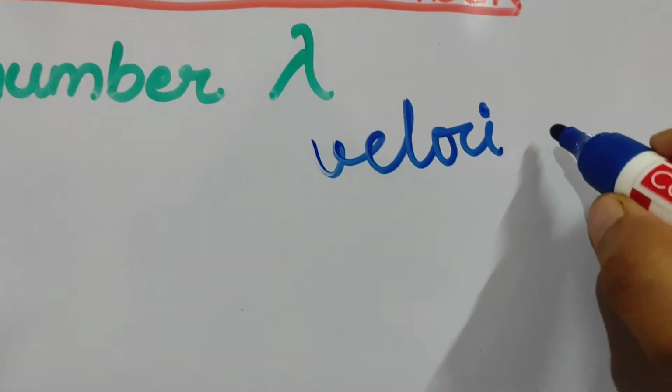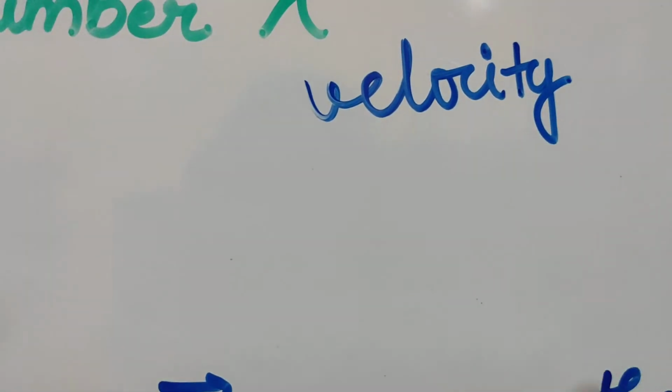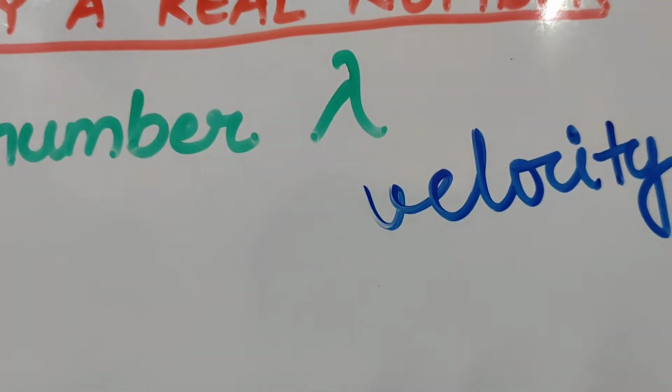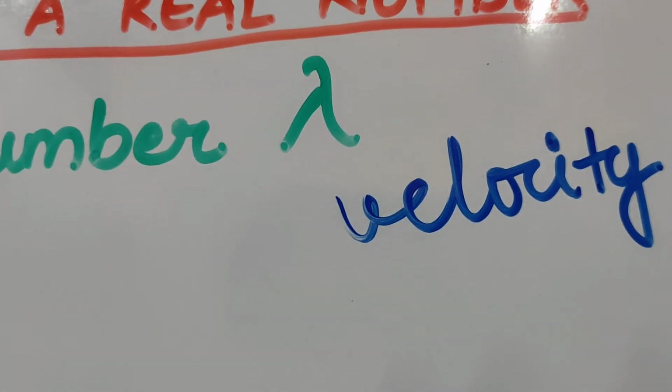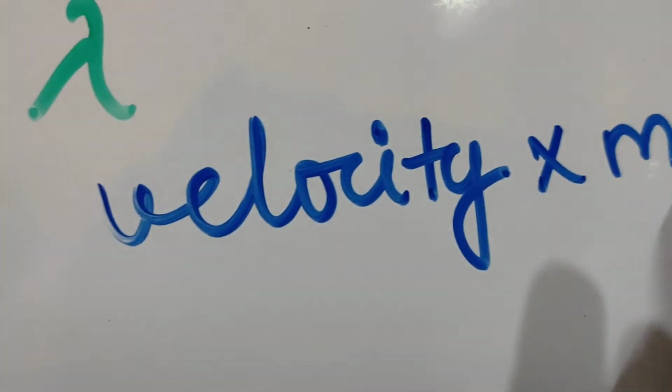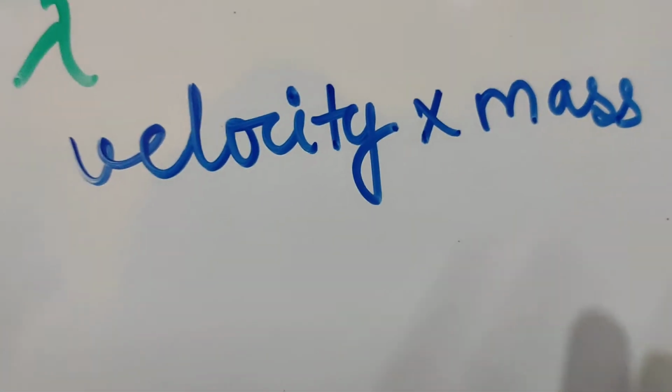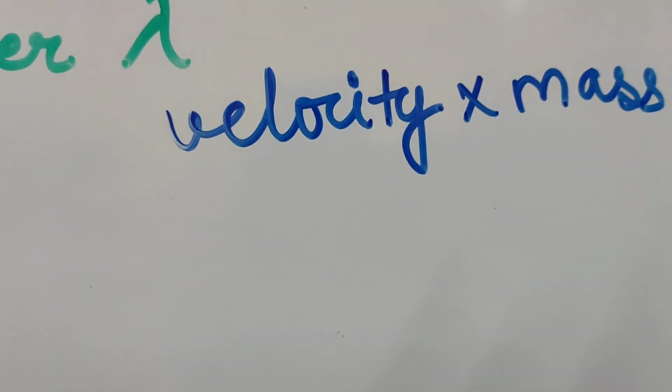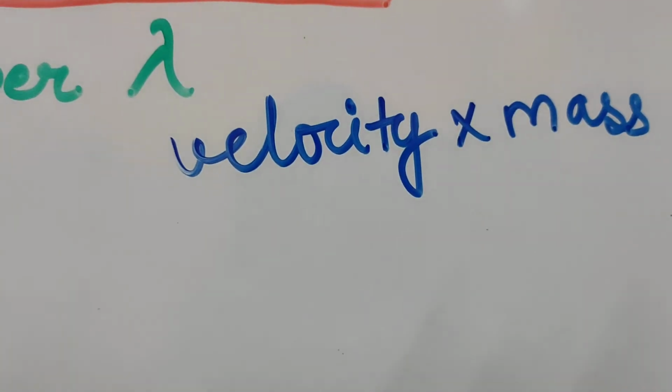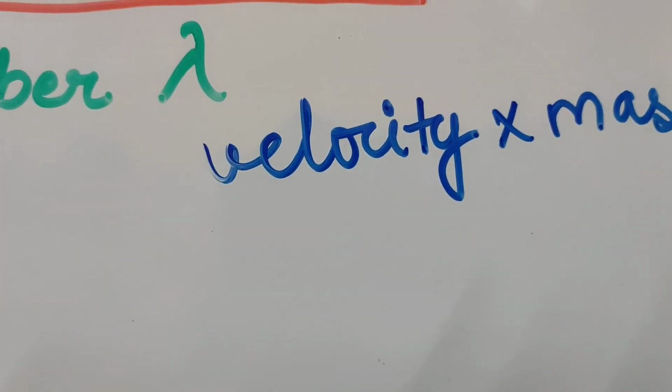Velocity is a vector quantity. So what are we doing? We are multiplying this velocity by mass. Mass is a scalar quantity. Yes, velocity is a vector quantity and mass is a scalar quantity.